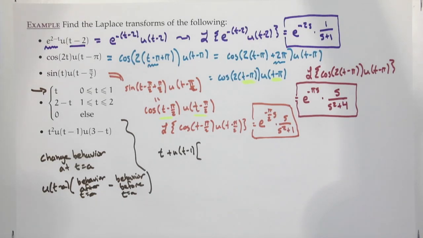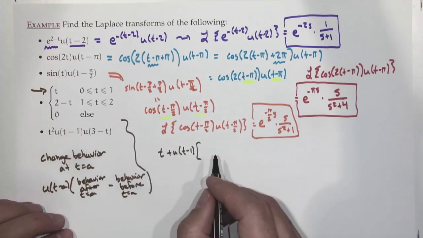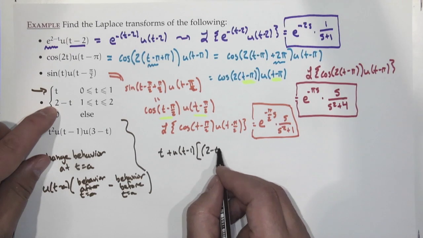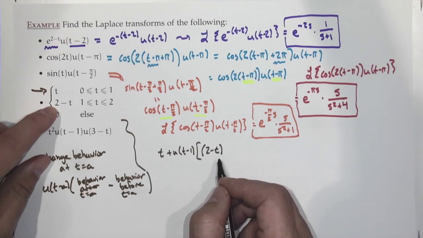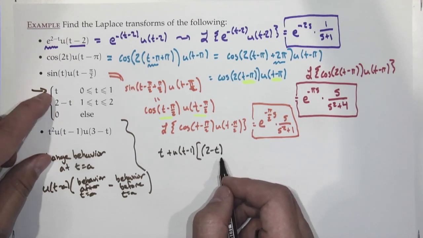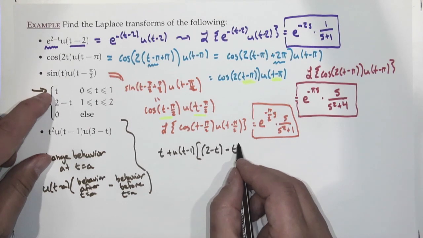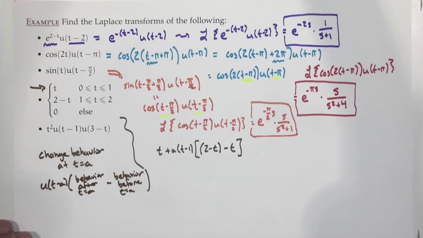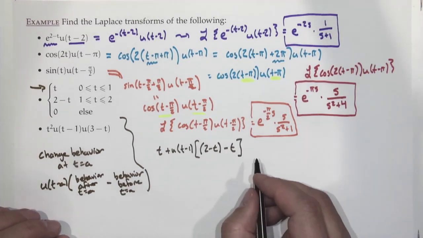What do we put? Well, what's the behavior after 1? It's 2 minus t. What's the behavior before 1? It's t. So u of t minus 1, 2 minus t, subtract t. All right, where's our next switch occur?